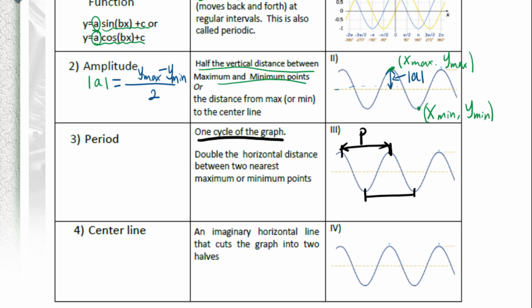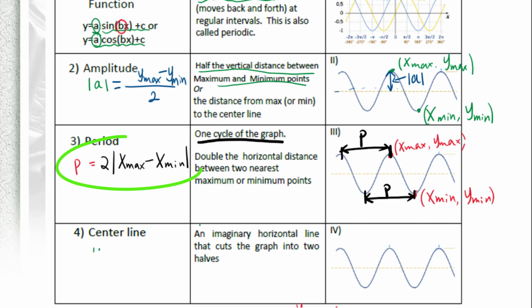The horizontal distance is P. P equals 2 times x maximum minus x minimum. The value B is related to this P. B equals 360 degree over P.